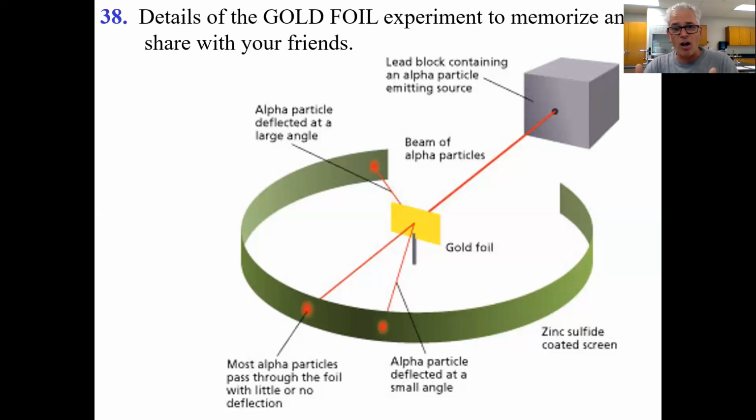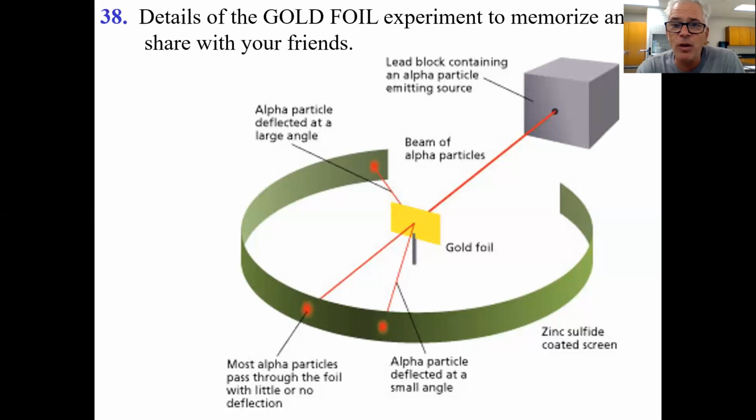Get a room in the dark, set up some zinc sulfide on a screen so you could stand it up, aim the alpha particles, and you could count it over and over and over. Then set it up like this and put a piece of gold foil in the middle. Now the gold is solid, and you would think the alpha particles would hit it and then hit a solid. What would happen?